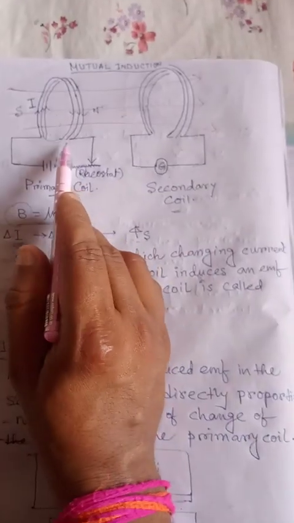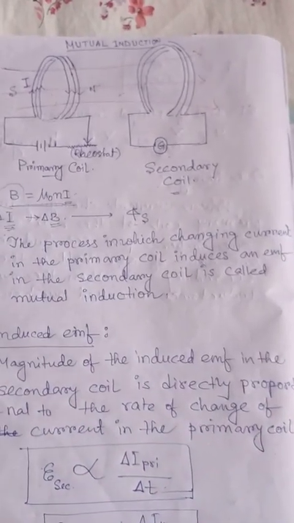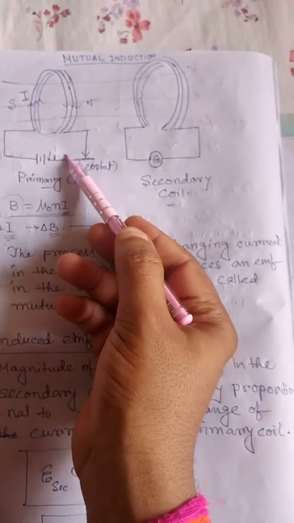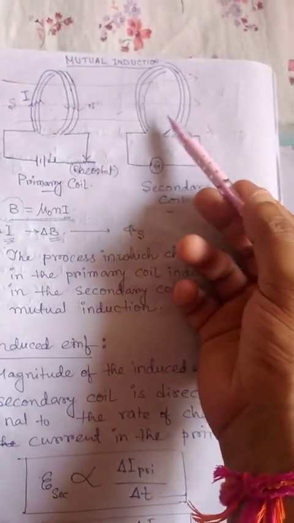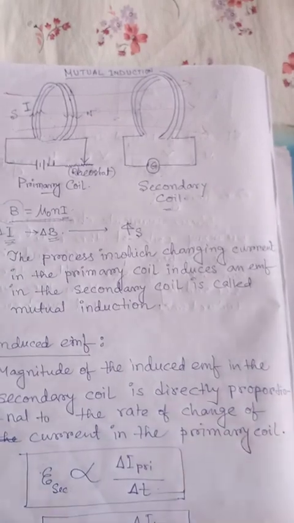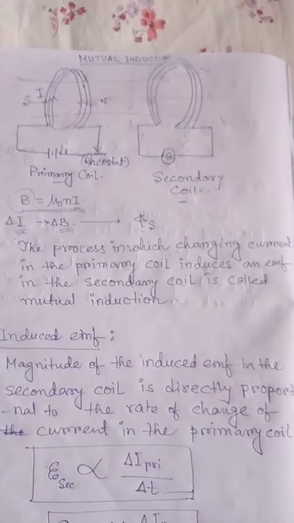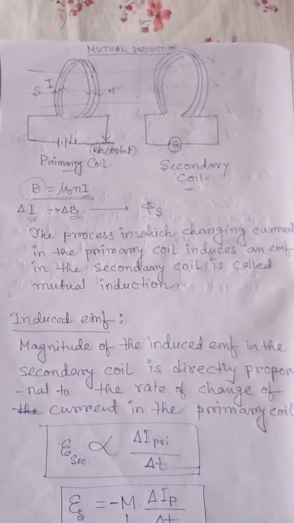Now, what is the induced EMF? How fast we change the current determines how the magnetic flux changes, and mutual induction happens and the induced EMF is produced.